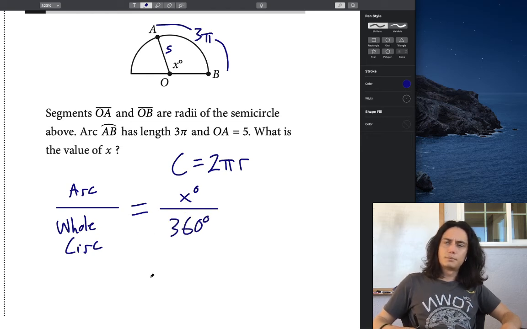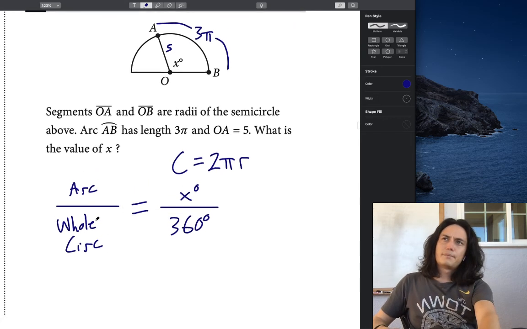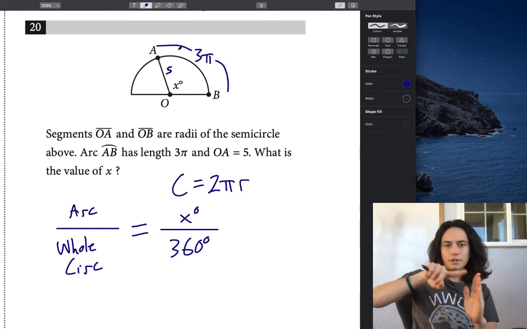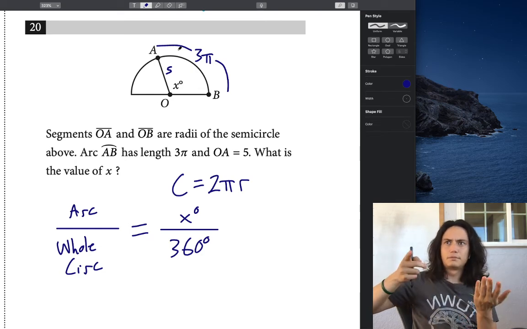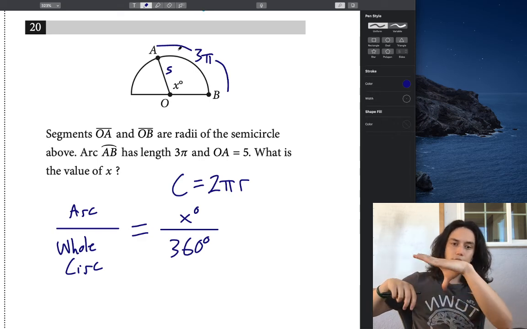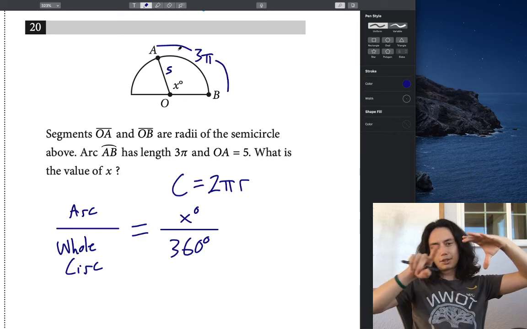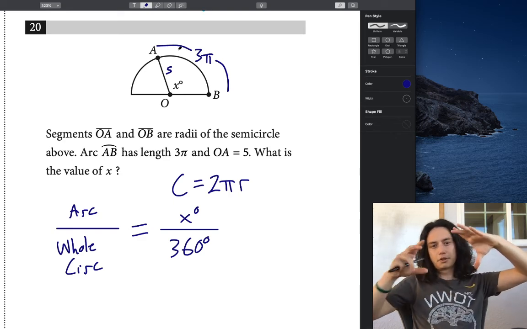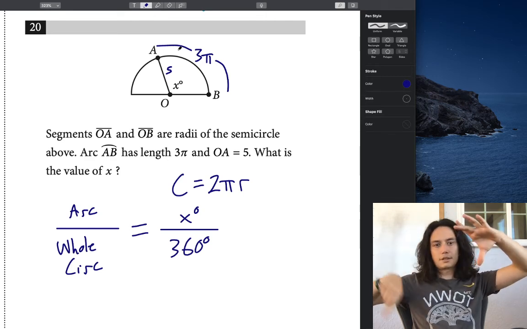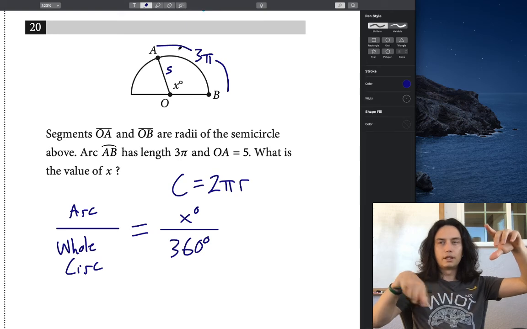This is how we're going to solve this problem. If this arc is 3 pi, let's just say feet long, the percentage of the whole circumference that this 3 pi part is, that's the same percentage as the angle is of the whole angle.